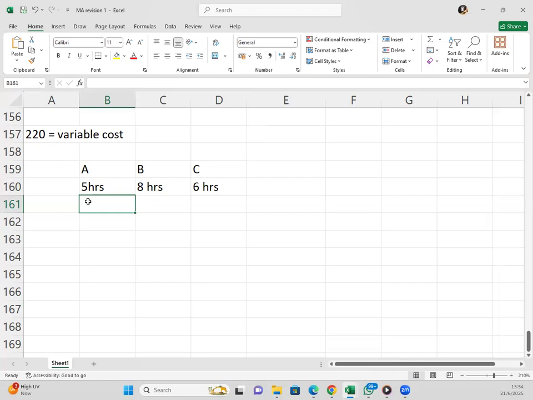Company A is willing to offer you $500. Company B is saying we can offer you $550.